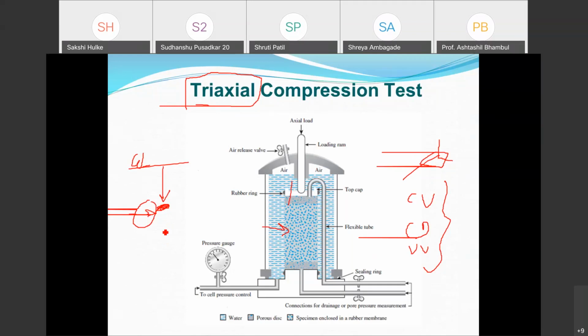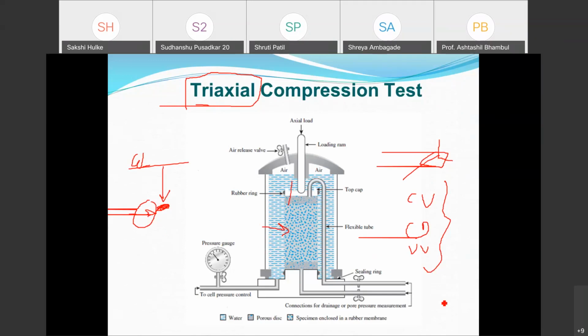So we are not getting the lateral pressure, and the soil is not subjected to the pressure which is available in the field. If you are standing in a crowd, you get compressed by all the surrounding people. Similarly, the soil element below ground level is also subjected to such a stress, which we call the lateral pressure.